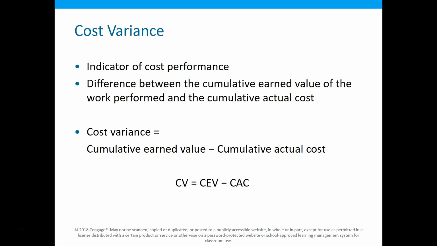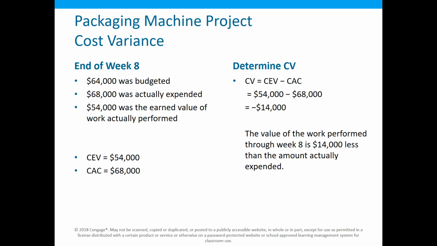We have to think about what those values are going to be. In this case, 54,000 minus 68,000 is negative. If this variance is negative, that also tells us we did not create as much value as what we spent.